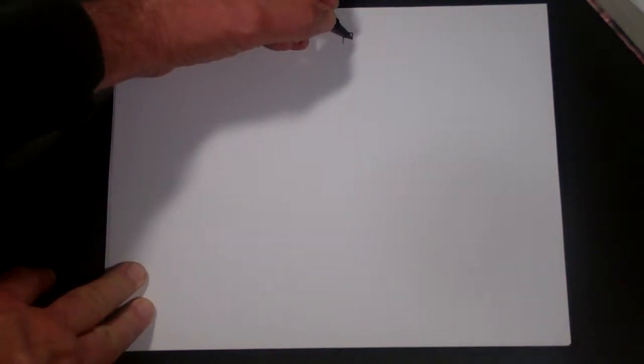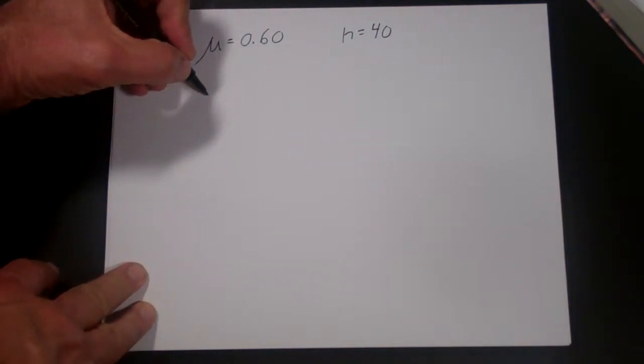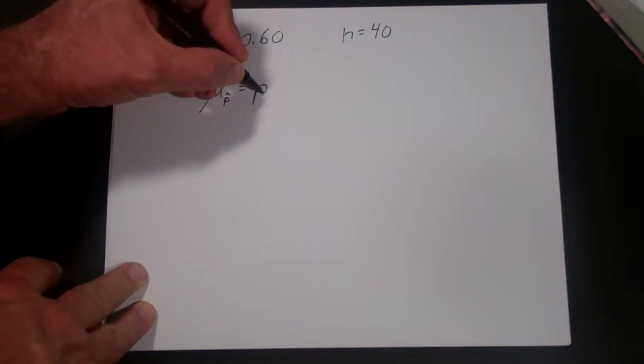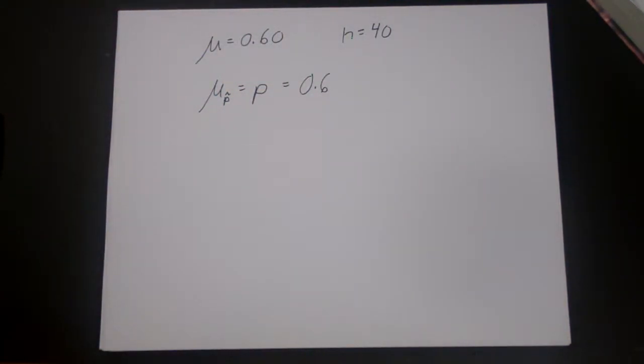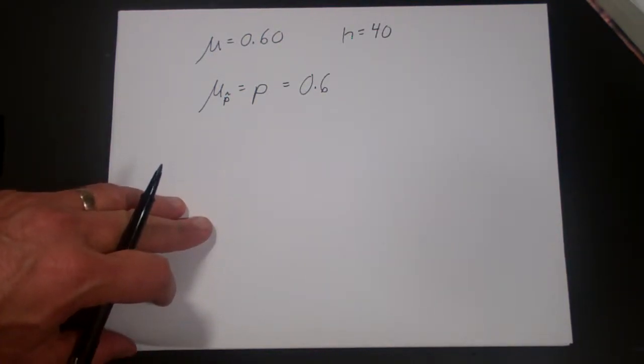The first thing that we're looking at is that if p is equal to 0.6 and n is equal to 40, then we know that the mean of p-hat will equal p, or 0.6. That's going to be your expected value anytime you take a sample.